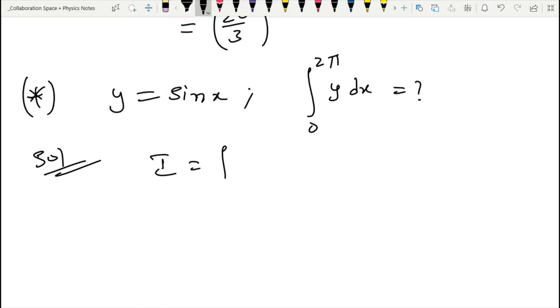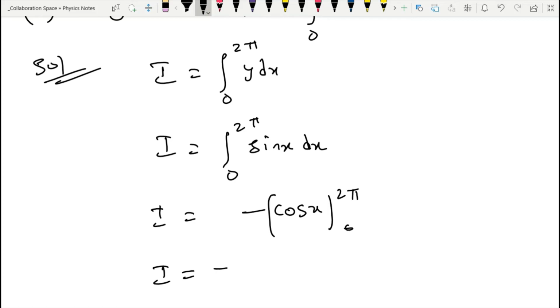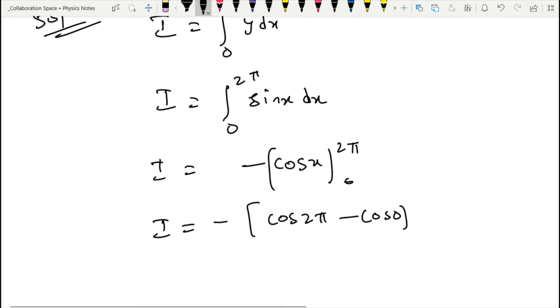I is equal to integration 0 to 2 pi y dx. I is equal to integration 0 to 2 pi, y means sin x, dx. What is the integration of sin x? Minus cos x. Let us apply the limits 2 pi and 0: minus cos 2 pi minus, minus cos 0. What is the value of cos 2 pi? Cos 2 pi value is 1.